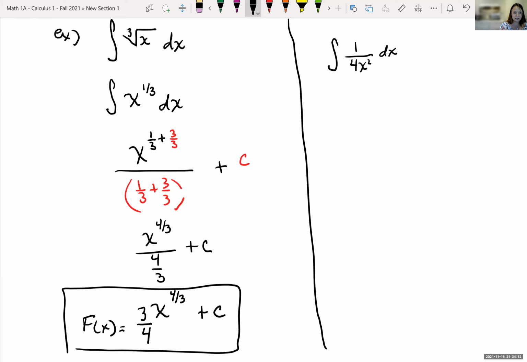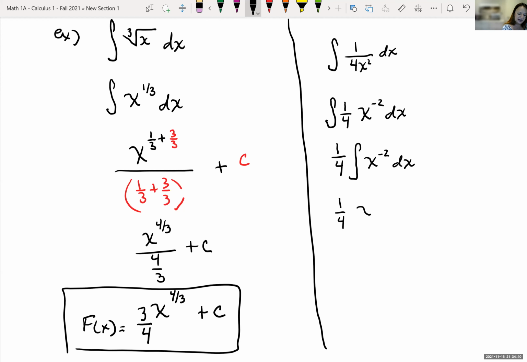Let's bring up x squared into the numerator by making that exponent negative. So this is the same thing as 1/4 x raised to the -2 power dx. Rules of integration, and normally I won't do this, but normally this is telling me I could bring this 1/4 outside of this integral, x raised to the -2 dx. So bring down our 1/4.